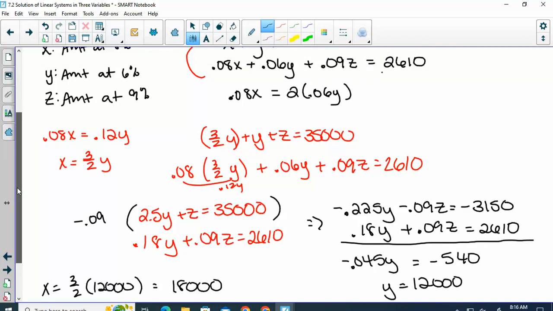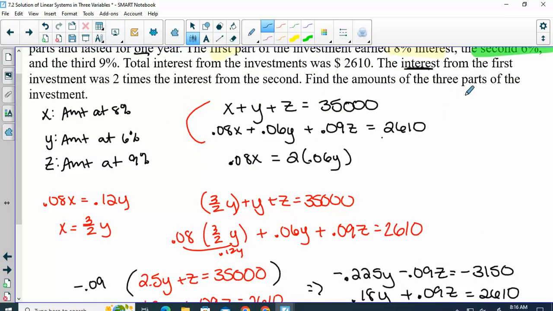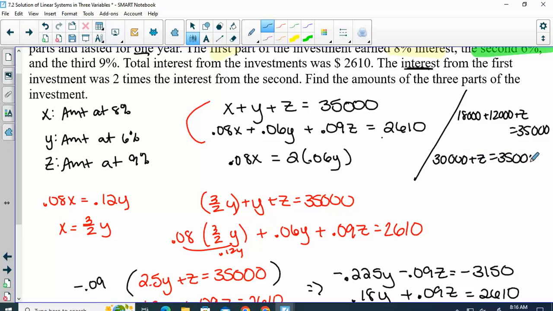So then, if we go back to the beginning, x plus y plus z equals 35,000. So 18,000 plus 12,000 plus z. So z is 5,000.